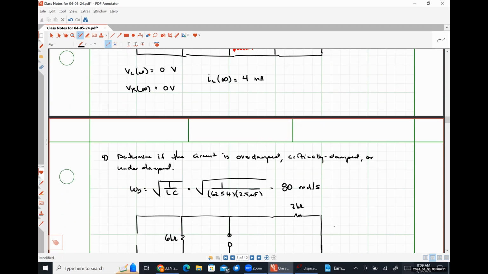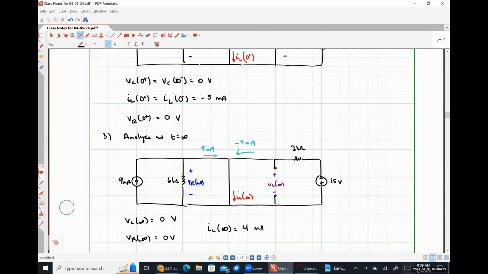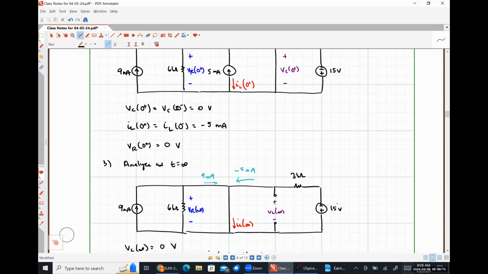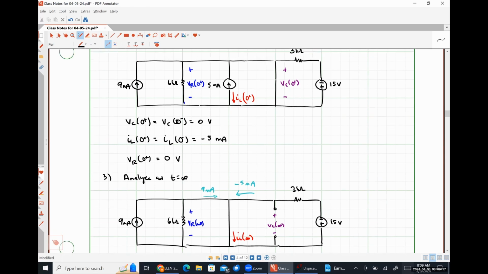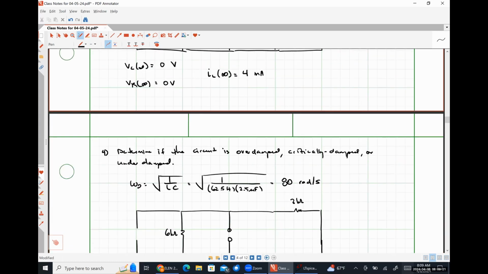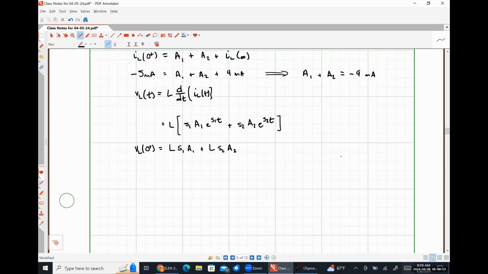At t equals 0 plus, the voltage drop across our capacitor, which is the same thing as the voltage drop across our inductor because those two elements are in parallel, was simply 0 volts. So from this, we can say that S1 A1 plus S2 A2 is equal to 0.